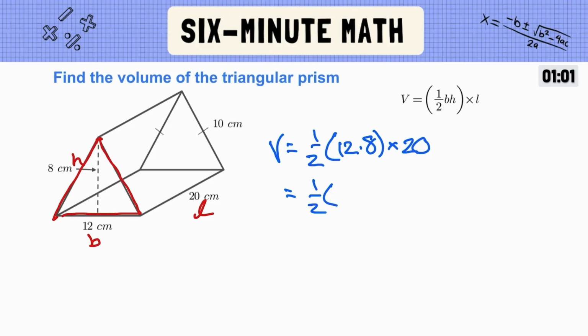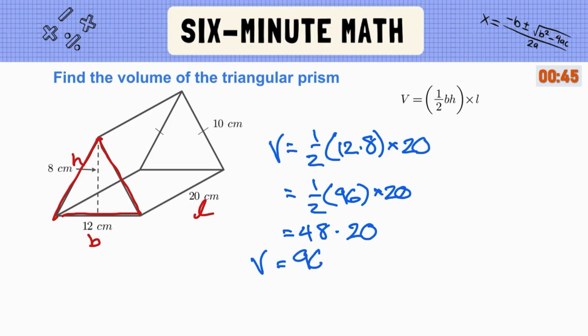This is 1/2 times 96 times 20. Half of 96 is 48. Multiply that by 20, giving me a total volume of 960 cubic centimeters.